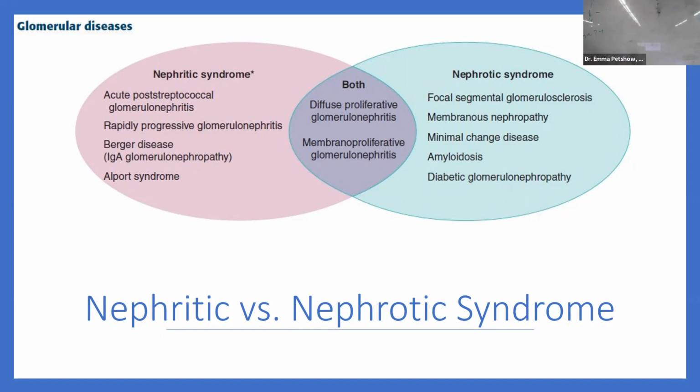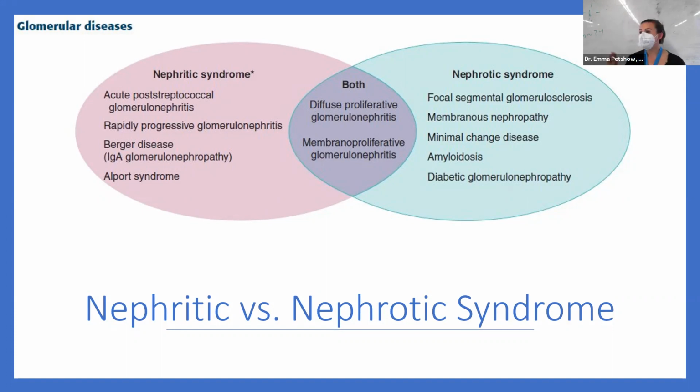We're going to separate and define them, talk about a couple of the specific types of conditions that can fall into either category, and hopefully give you a place to start from when it comes to remembering the difference between the two. At the baseline, nephritic syndrome, you can think about it as an inflammatory syndrome. When you think about nephritic syndrome, think about inflammation.